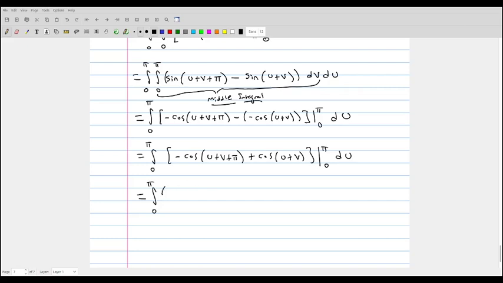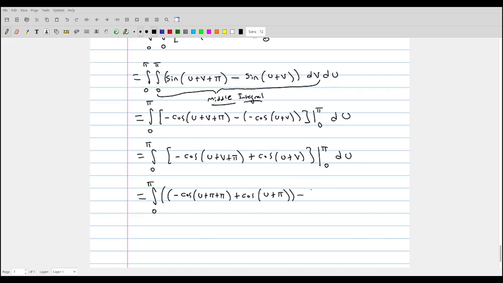Which is going to be negative cosine of u plus pi plus pi, plus cosine of u plus pi.